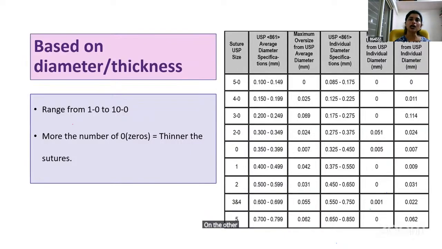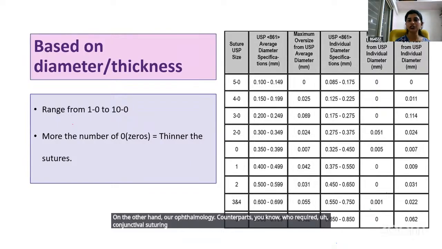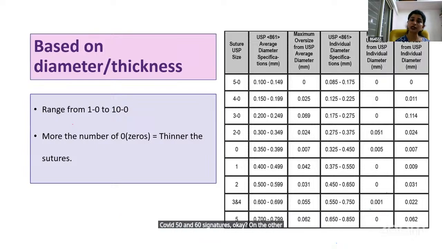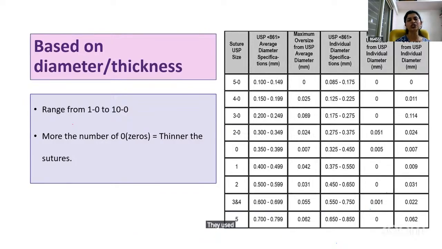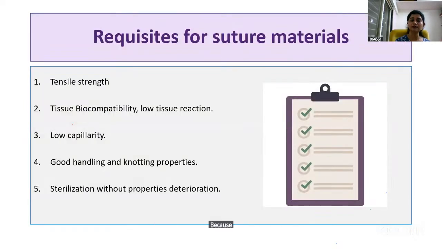On the other hand, our ophthalmology counterparts, who required conjunctival suturing and thin tissue suturing or friable tissue suturing, they used to go with 50 and 60 sutures. On the other hand, our general surgery and orthopedic counterparts, who were dealing with more stiff tissues and thick tissues, they used to make use of 20 sutures, 0 sutures. Because they used to perform all scalp suturing and other limb suturings and all, correct?